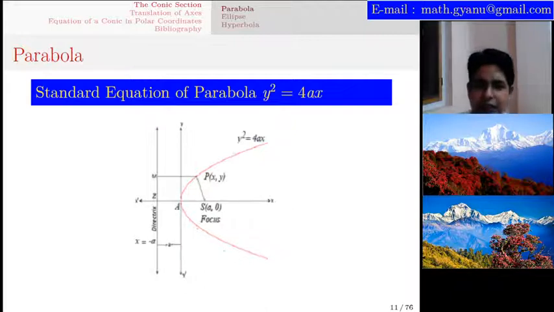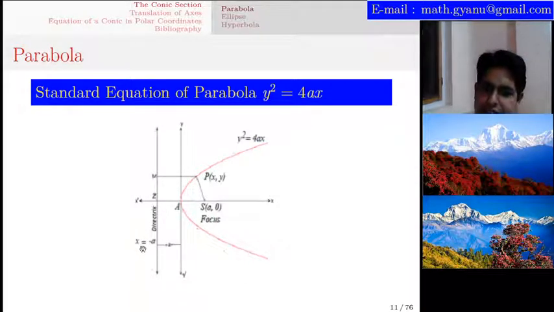Similarly, for the distance of PM, what will be the distance of M? First of all, note that the coordinate of M will be (-a, y). Why? M lies on the directrix, and the equation of directrix is x = -a. That means the abscissa of all points on this line is -a. So the first coordinate, or abscissa, of M will be -a.